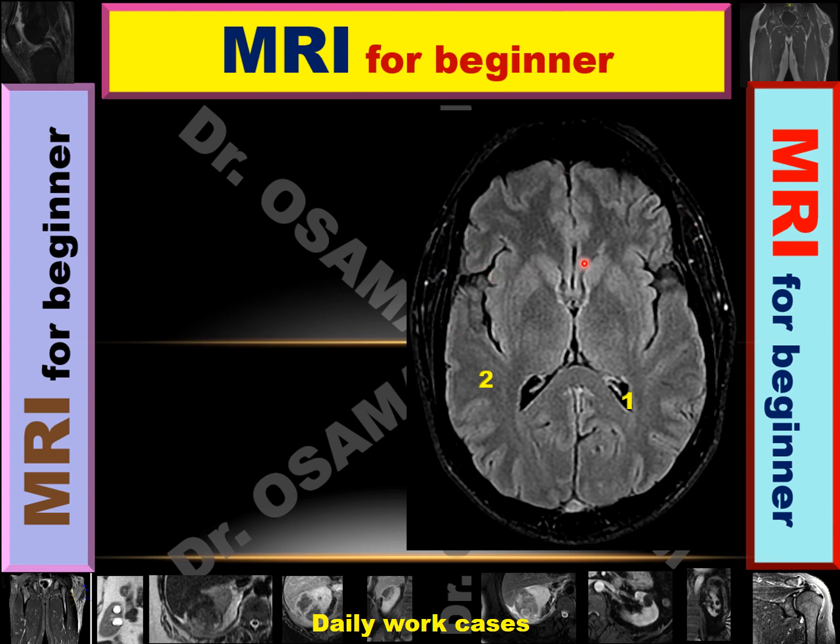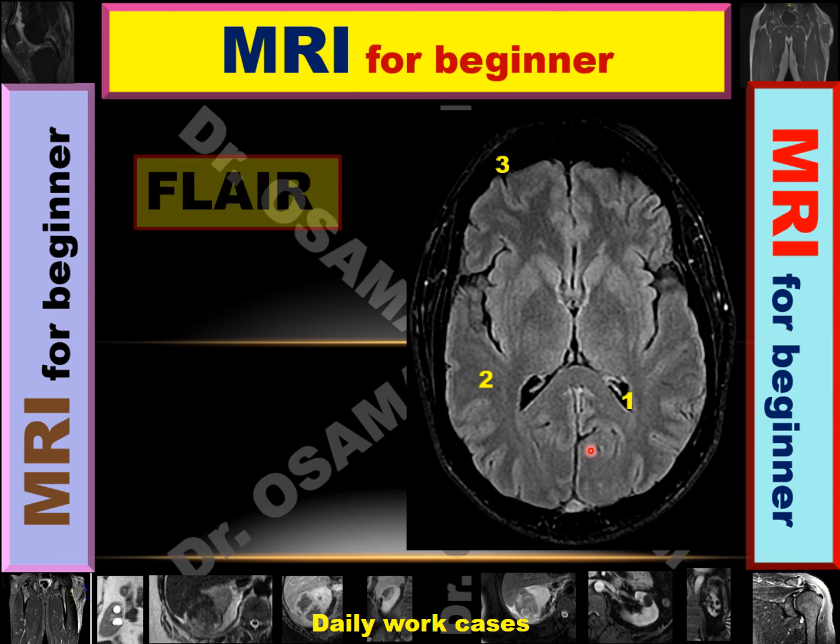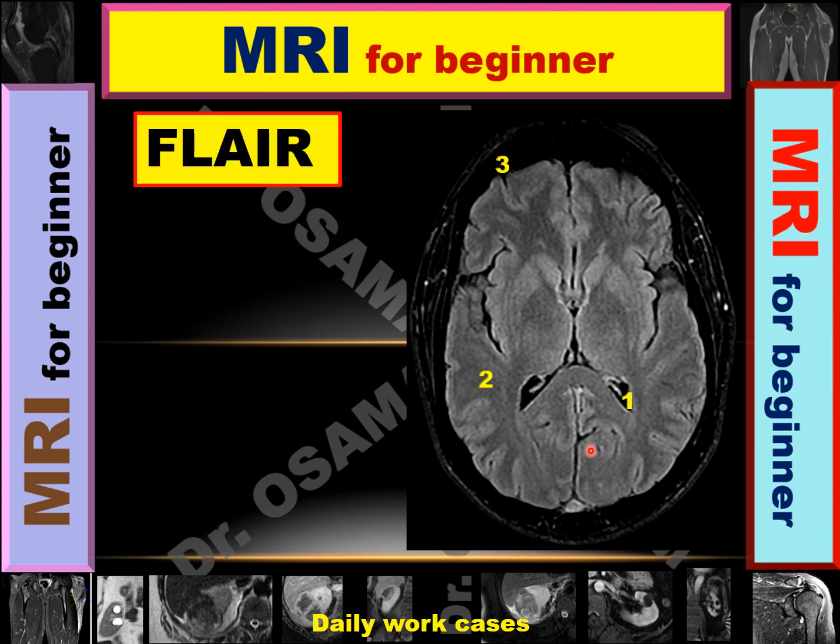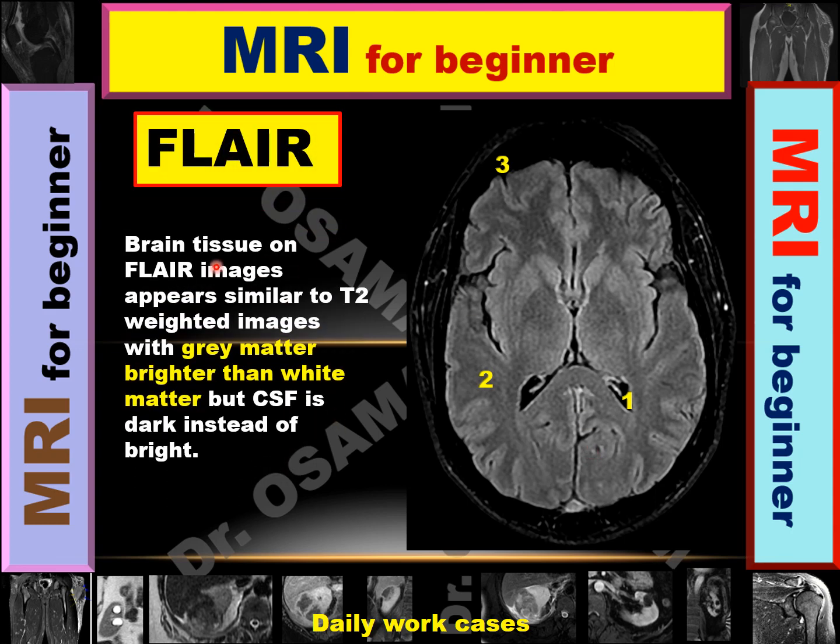Sylvian fissures appeared detailed, so now you're dealing with the FLAIR image. Brain tissue in the FLAIR image appears similar to T2 weighted image with gray matter brighter than white matter, as you see, but CSF is dark instead of bright.